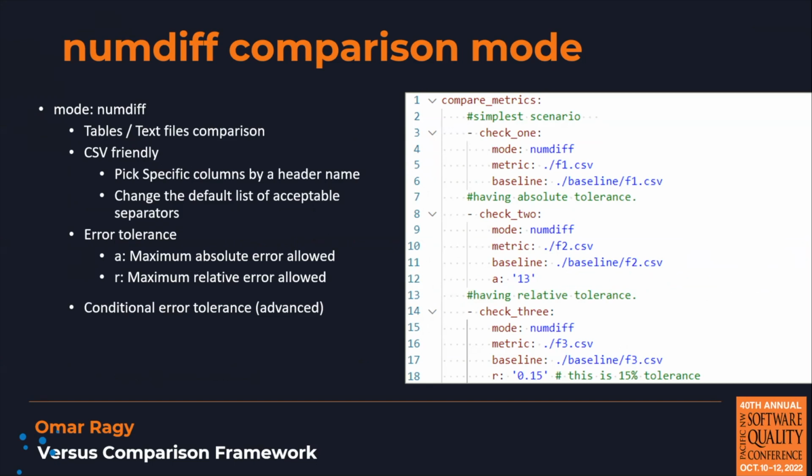If more than 13, it would fail. And same for this, I would allow 15% tolerance to any of the fields in both f3.csv file. So this is how you can have multiple checks, check 1, check 2, check 3 in the exact same test case.